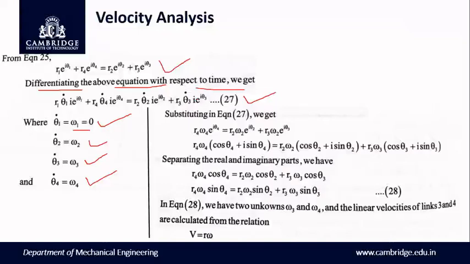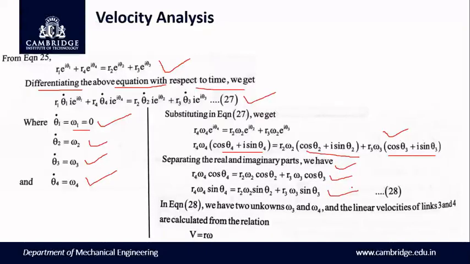By substituting these values in equation number 27, we can get this statement as well. We know e to the power of i theta is equal to cos theta plus i sin theta. So expand the equation using e to the power of i theta is equal to cos theta plus i sin theta. Then separate the real and imaginary parts. This is the real part and this is the imaginary part.